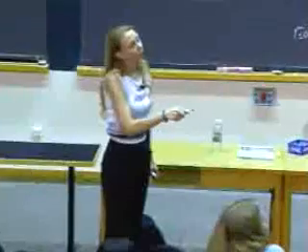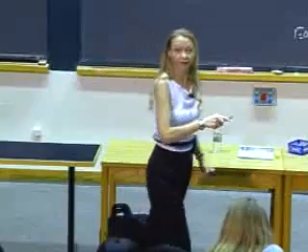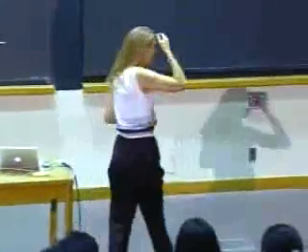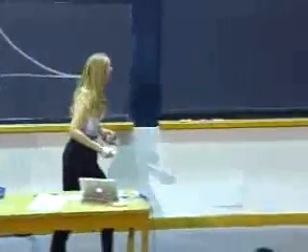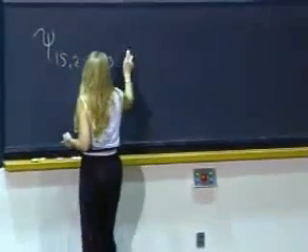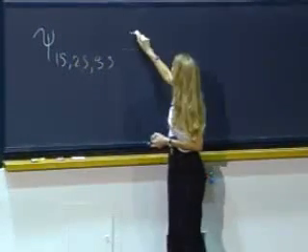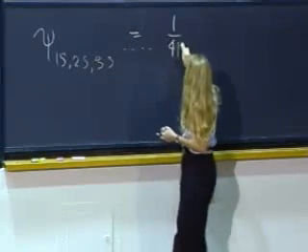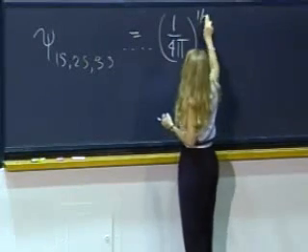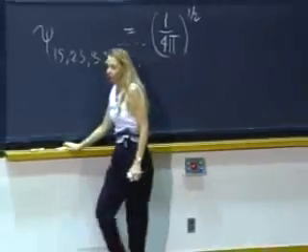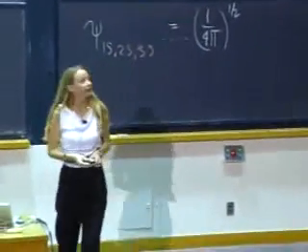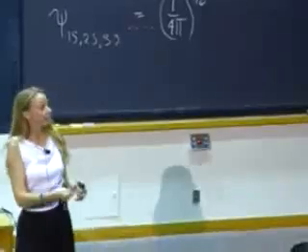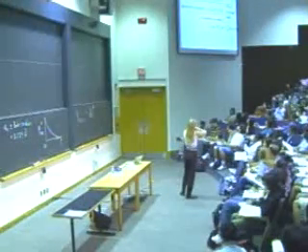Now, what you also have to remember in looking at this is that that angular part for 1s, 2s, 3s, all s wave functions, was equal to 1 over 4 pi to the 1/2. All right? So if you square that, you're going to get 1 over 4 pi, and therefore the 4 pi's here are going to cancel for the 1s wave functions.